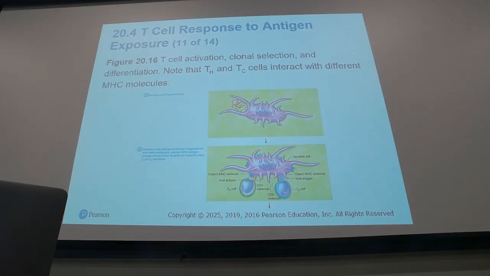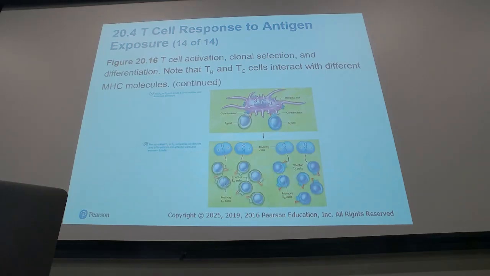So this cytotoxic T cell, CD8, is specific for MHC1, while this helper T cell is specific for MHC2. And you have some additional molecules or, well, receptors. Like in the case of the T helper cell, you have co-receptors, and the same for this MHC, that are necessary for activating.